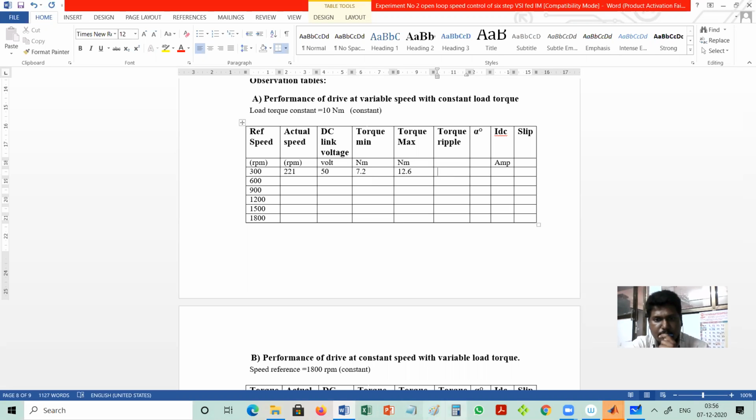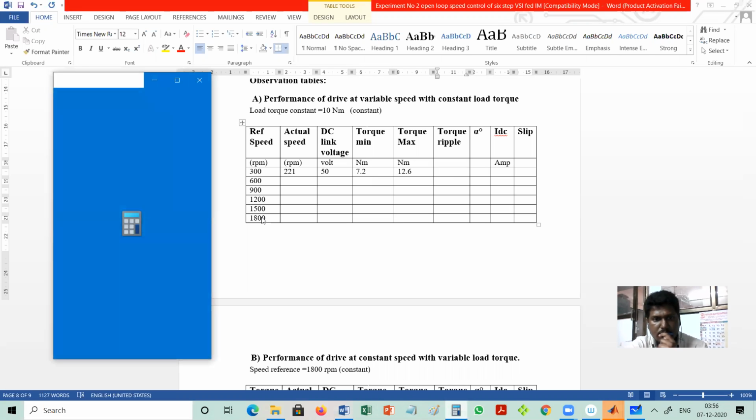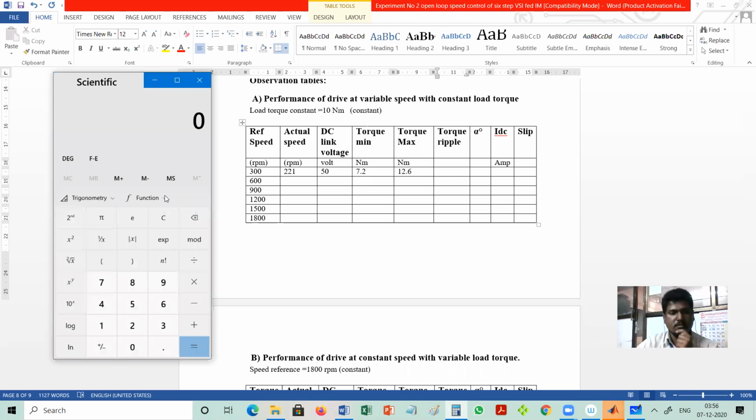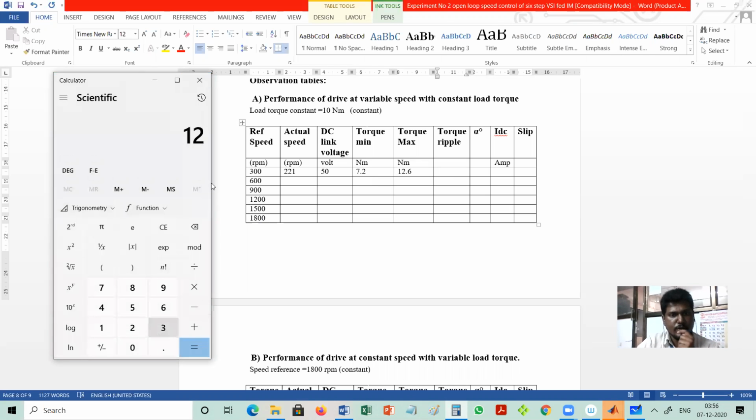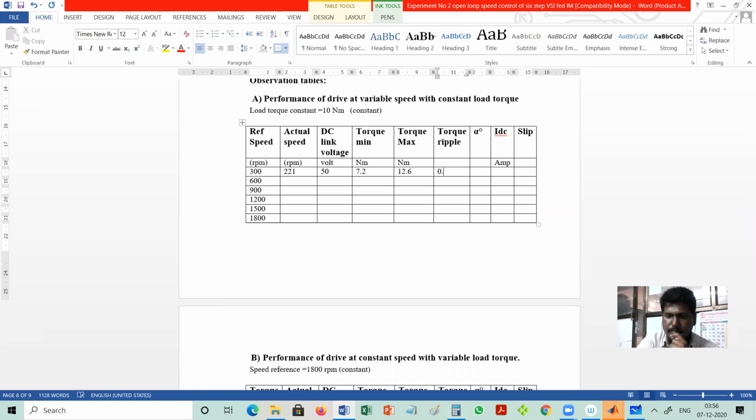So torque ripple is equal to 12.6 minus 7.2 divided by 10, which is 0.54. This is the torque ripple. Now we will see what is the value of alpha.